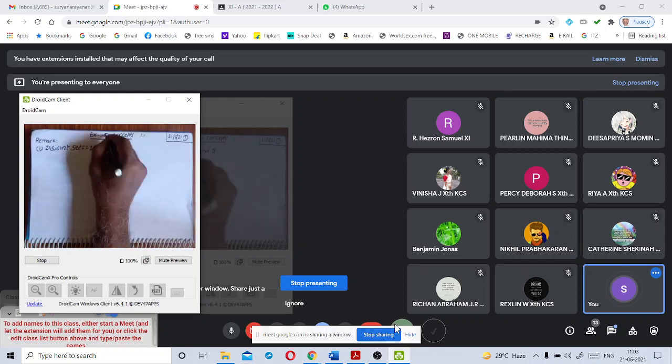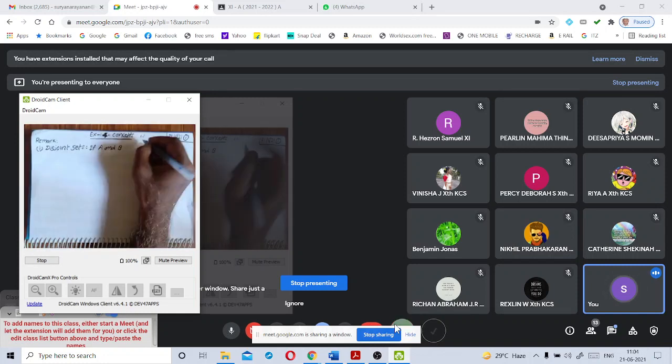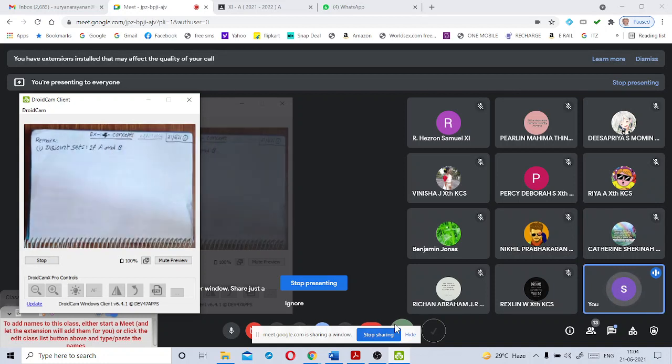This is 1.4 concepts. 1.1, 1.2, 1.3, and 1.4. These four exercises are the syllabus for the weekly test. Four exercises. Okay, 1.1, 1.2, 1.3, and 1.4.